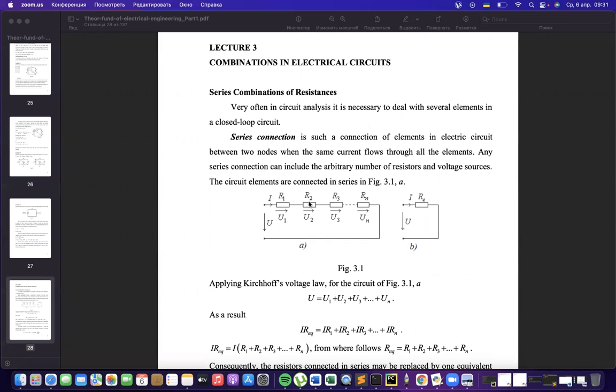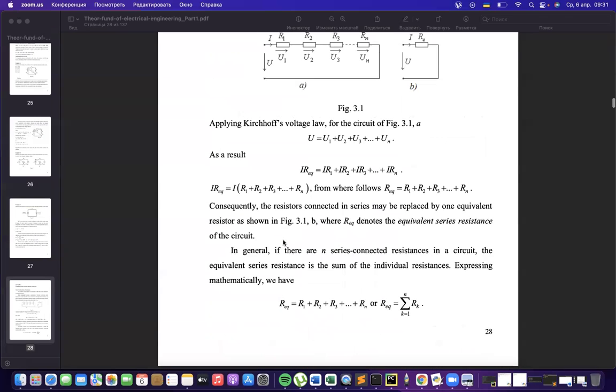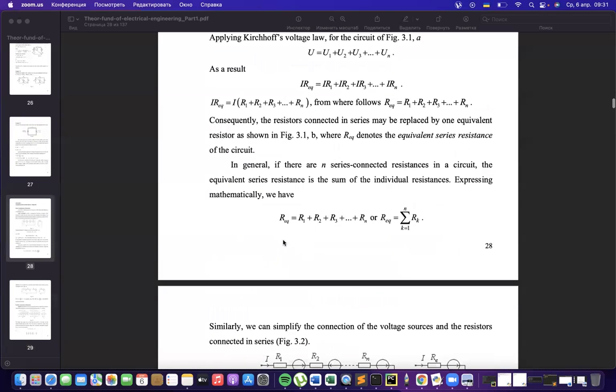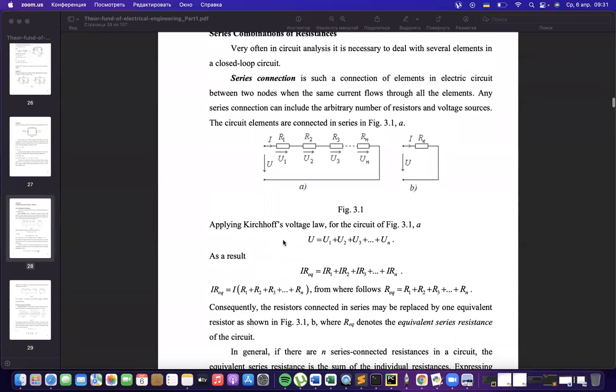There are a couple of cases of equivalent transformations. It is series connection, parallel connection, and connection of sources. For example, here is represented the case of serial connection.